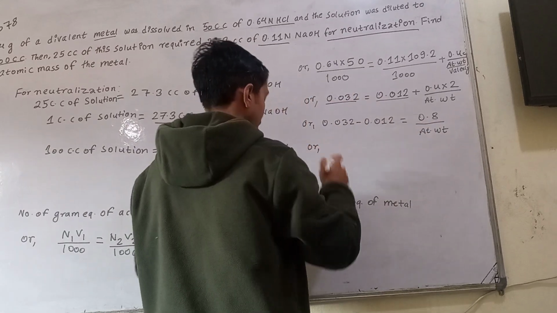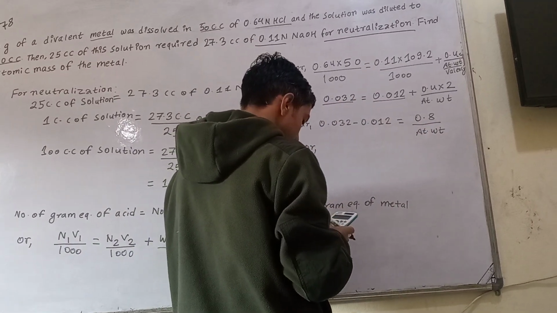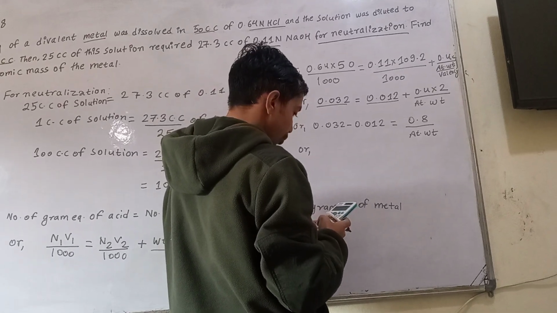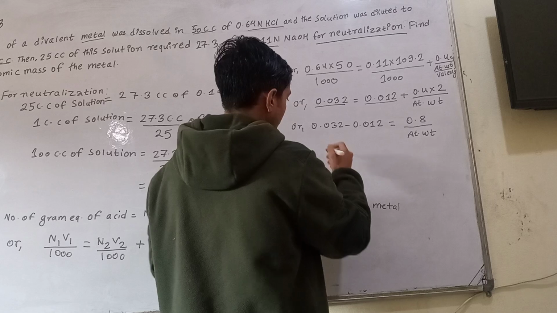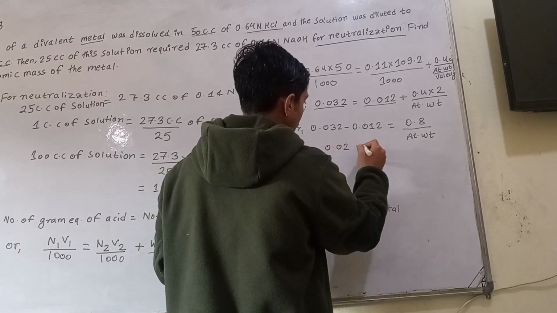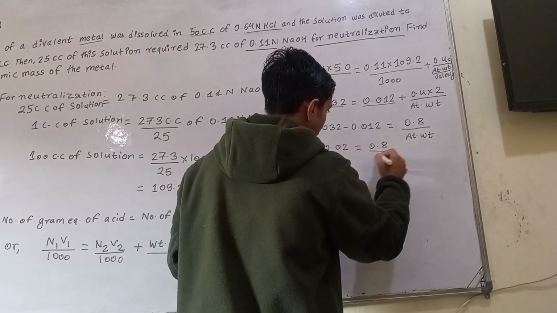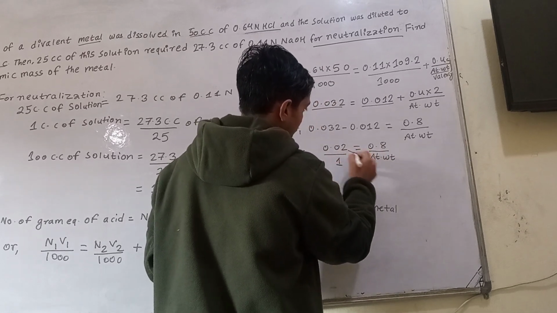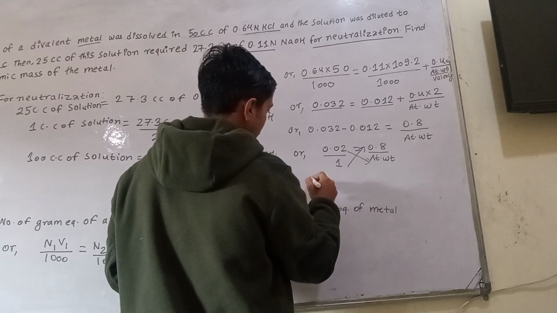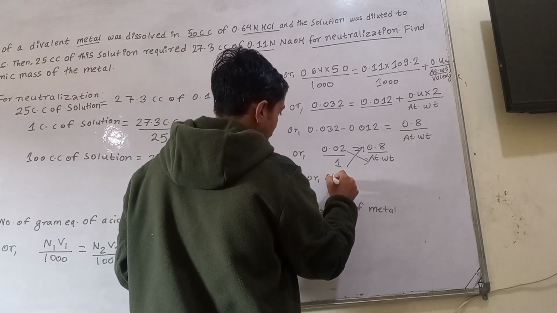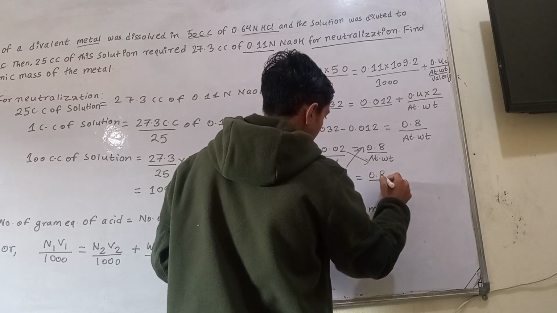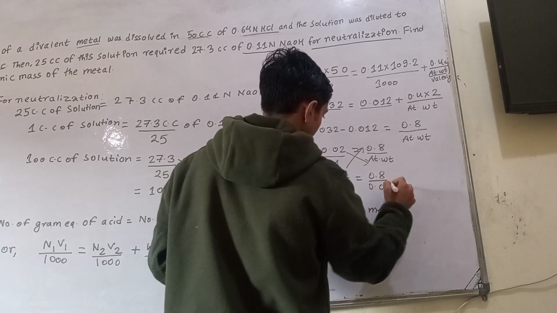0.032 minus 0.012 equals 0.02, which equals 0.8 upon atomic weight. Now we need to crisscross here, or atomic weight equals 0.8 upon 0.02.